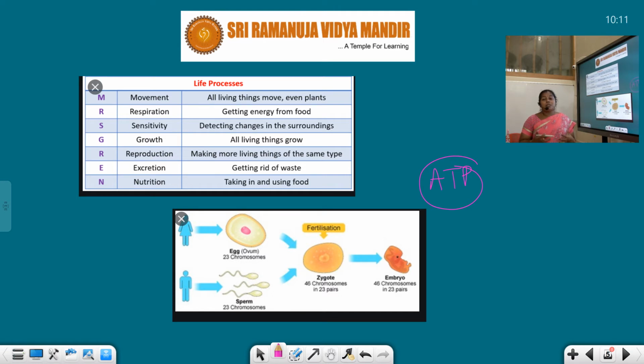These waste materials will become toxic and may cause damage or harm to our cells. To avoid that damage, our body wants to eliminate or remove the waste materials from time to time. That whole process is nothing but excretion. Next, nutrition, already we discussed.